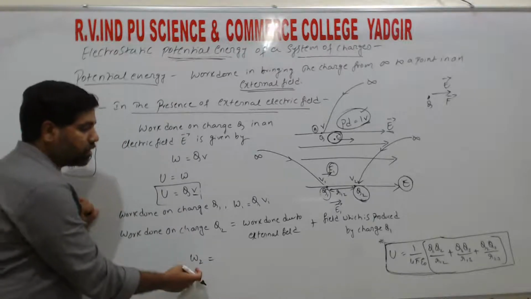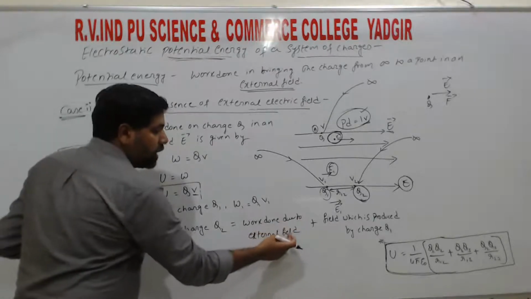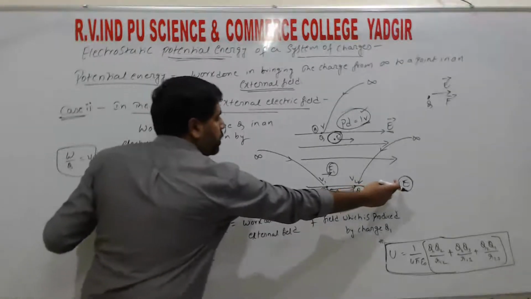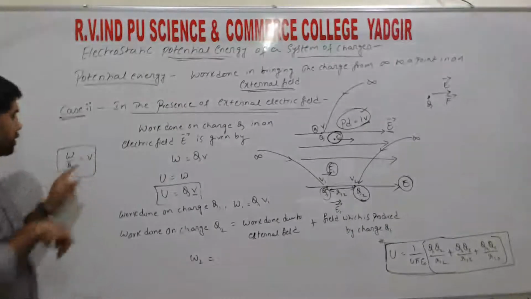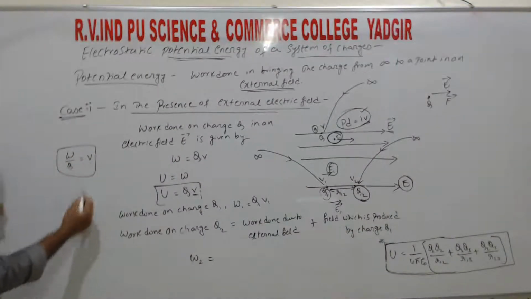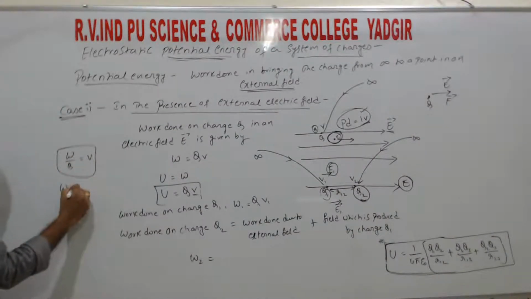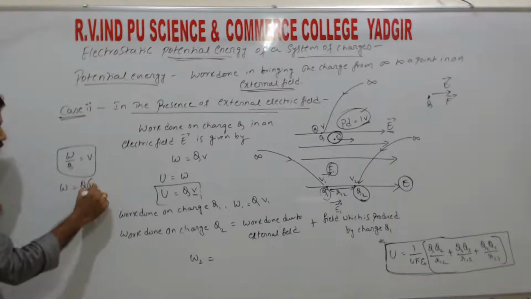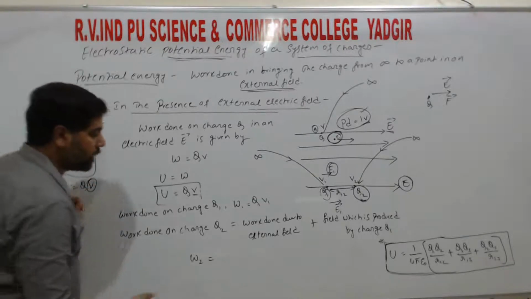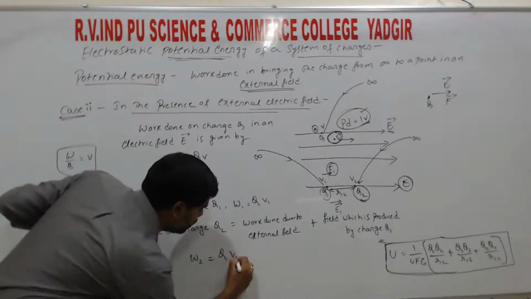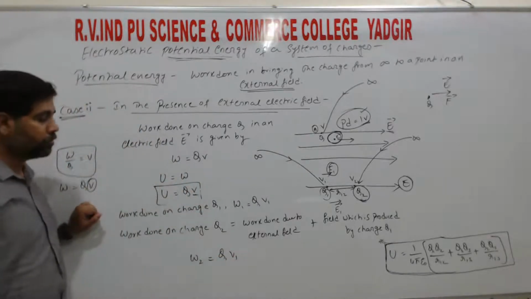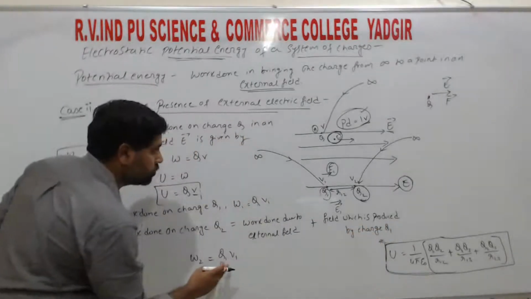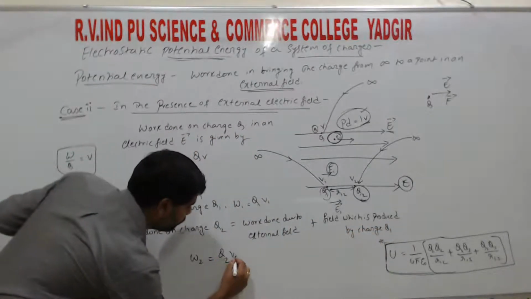W2 is equal to the work done due to the external field, the field we initially applied, which we call E, plus the work done due to the field produced by the charge Q1. The work done due to the external field is W is equal to Q into V, so Q2 V2.